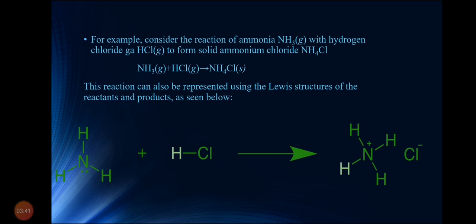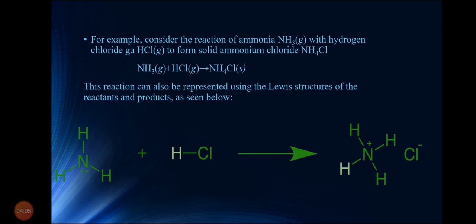So here you can see that hydrogen dissociates as H plus ion, and it reacts with ammonia, and they form NH4 plus along with chloride Cl minus. So the overall charge is neutral. You can say NH4Cl is a neutral molecule, but we have a positive charge on nitrogen and a negative charge on the chlorine.